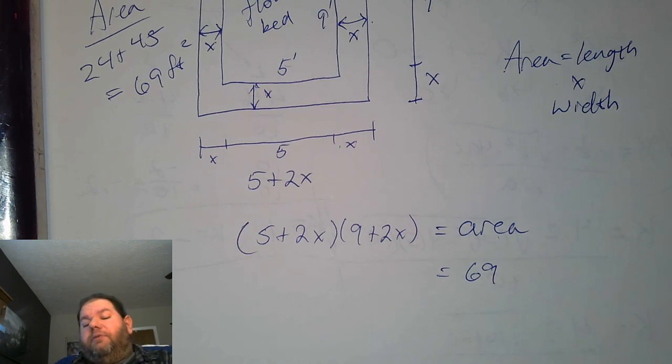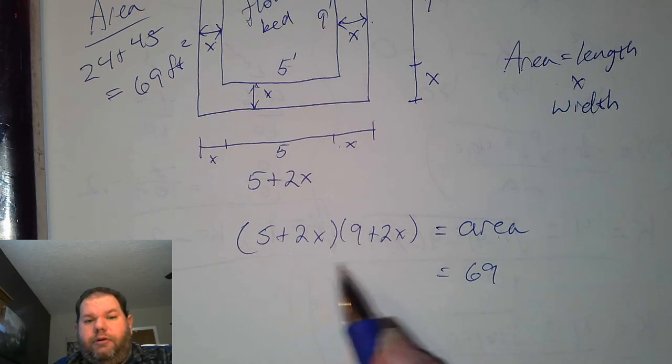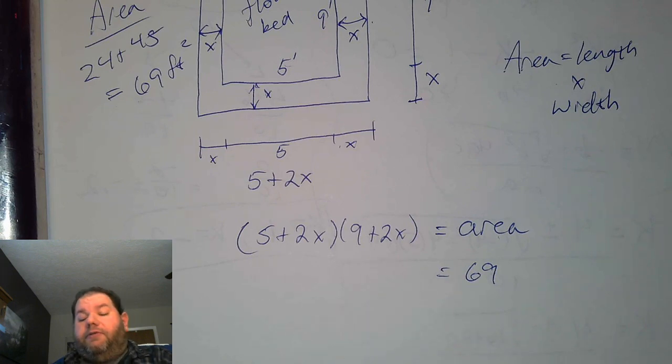Once we move it over, it's not going to be too bad. Sorry, now we're getting a little carried away. We do have to FOIL these two binomials together.